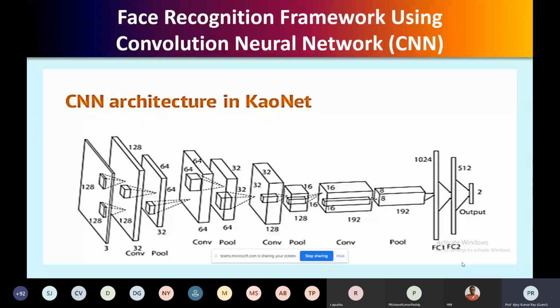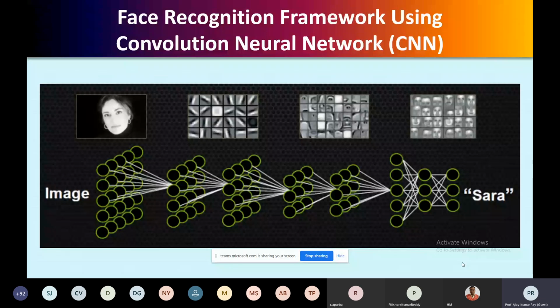Now here, the images are such that this is Sarah, this is the girl. As you can see, initially the first set of layers find only the edges of the face. Edges means the eyebrows, the eyes, the hair, the lips, everything distributed over the face.